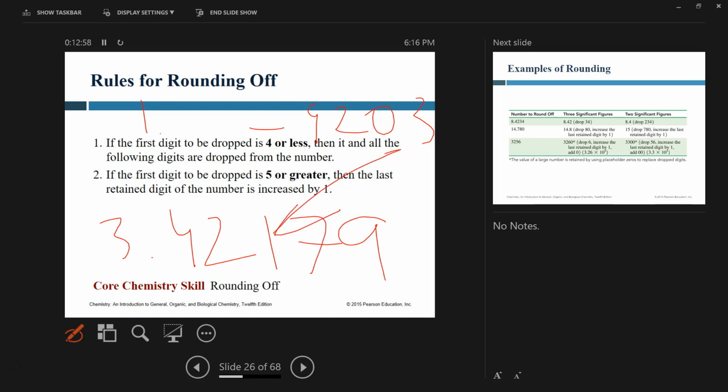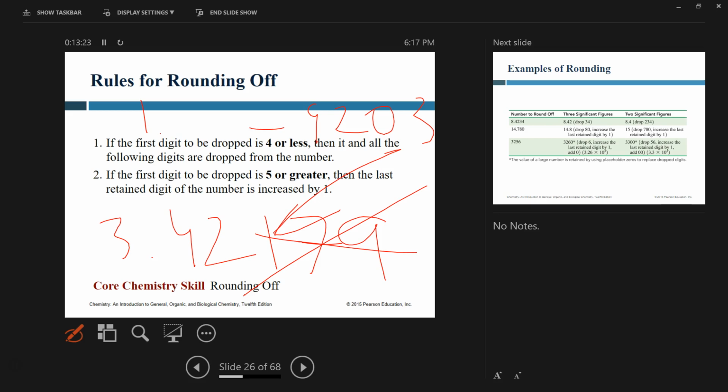So this is 1, it's lower than 5. If it's 4 or 3 or 2 or 1 or 0, just drop this whole thing. Just drop. No increase. Does that make sense? Yes. I have a question. How about that number is a 4, and then the next number is a 7, 3, 9? Doesn't matter. Just drop. Doesn't matter.